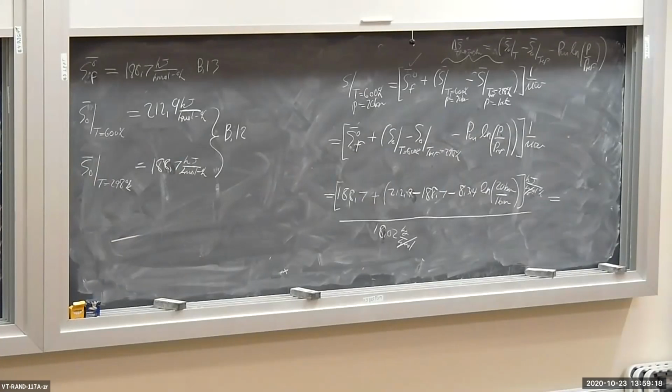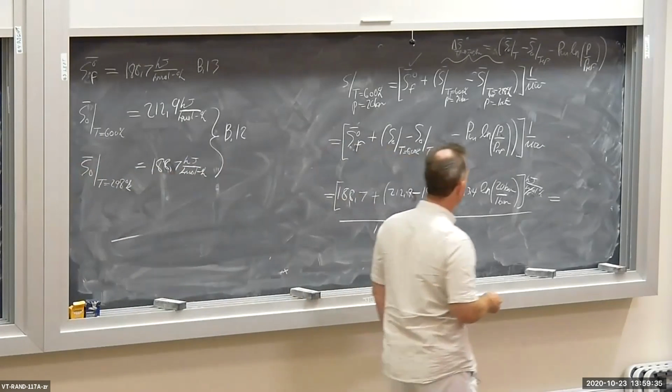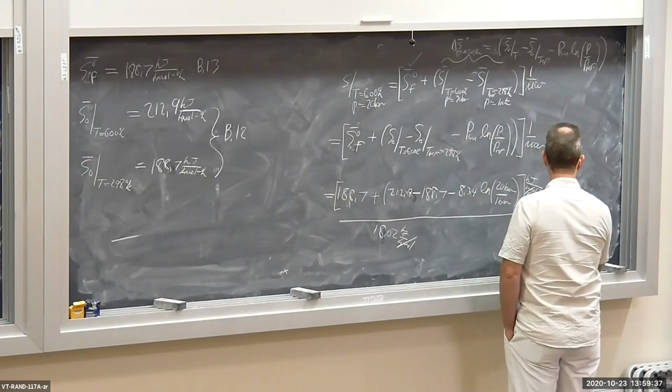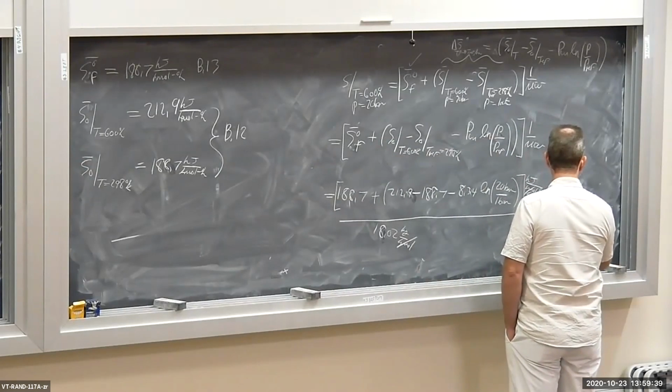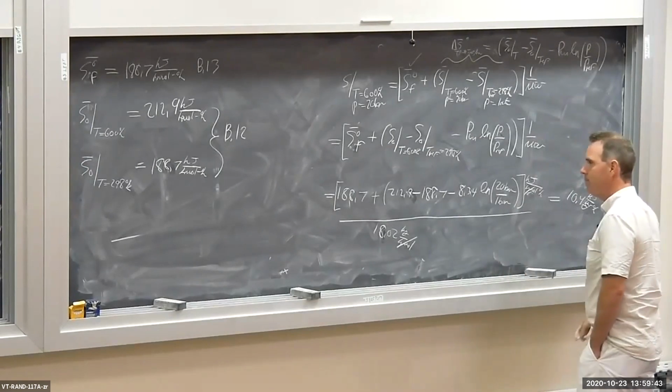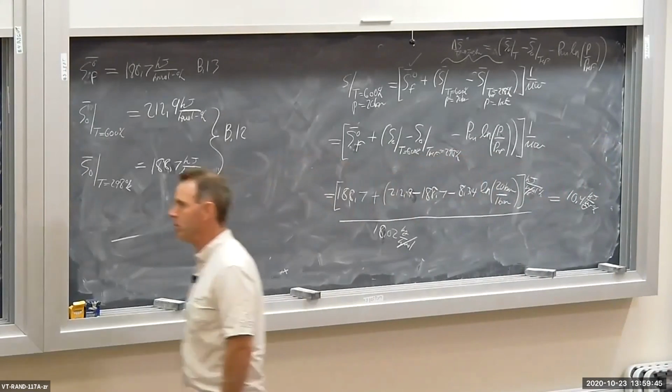We get the final specific entropy, which includes the effects of chemistry: 10.4 kilojoules per kilogram degree Kelvin.